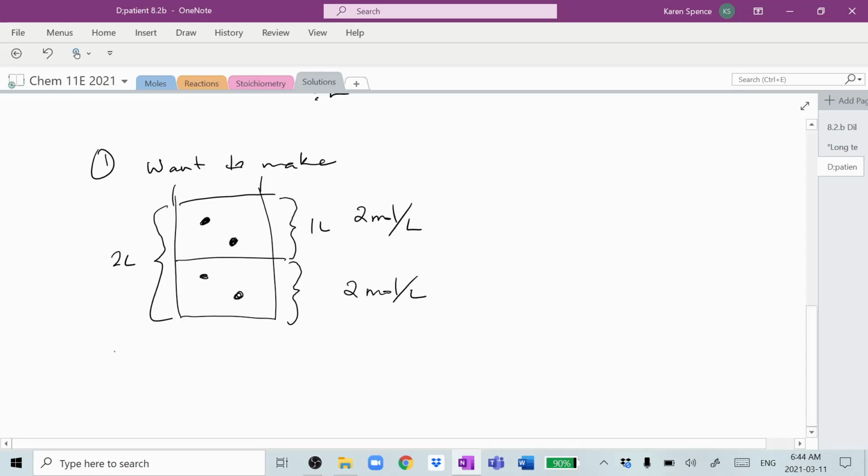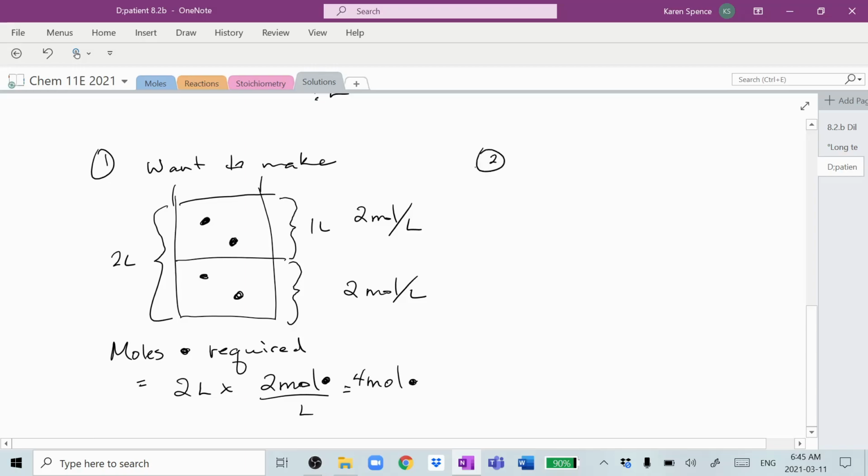So we could calculate that. The moles of dots required is equal to, well, we have 2 liters and we need 2 moles of dots per liter, which gives us 4 moles of dots. So we found the moles. That's step 1.